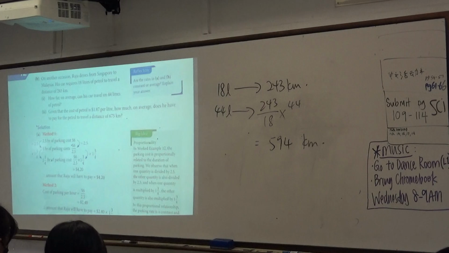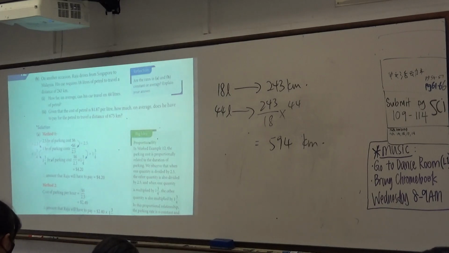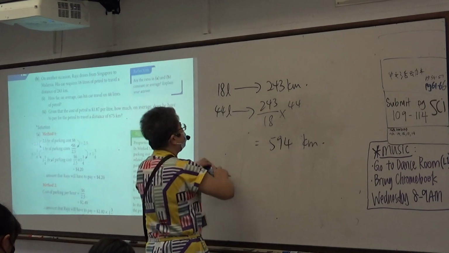It is 1.87 per liter. How much on average does he have to pay for the petrol to travel a distance of 675 kilometers? Now I'm going to rewrite this.